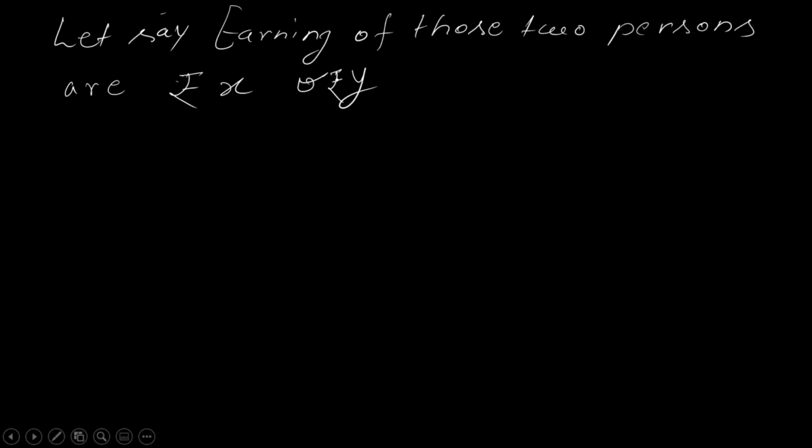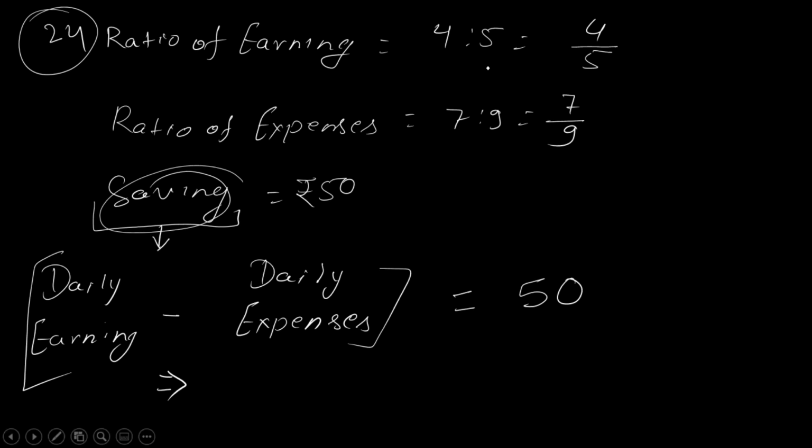So can I say x is to y equal to, आपको दिया हुआ है कि रेशियो ऑफ अर्निंग क्या है? 4:5.